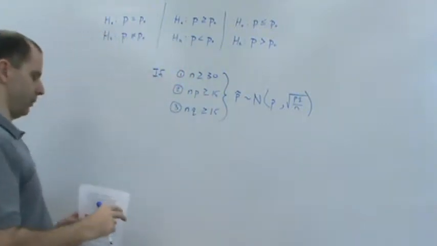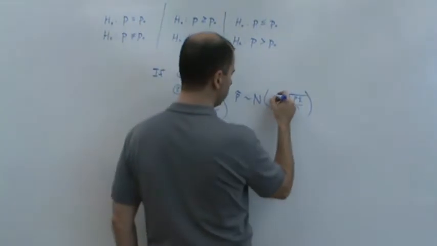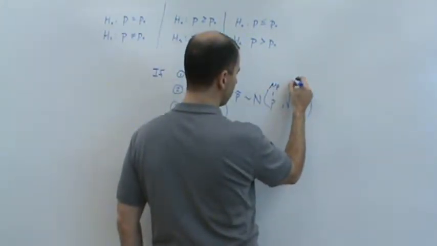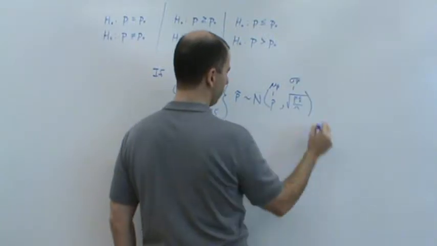Okay, so that's what we know. So again, just as a review, this is what we call mu of p hat, and this is sigma of p hat.